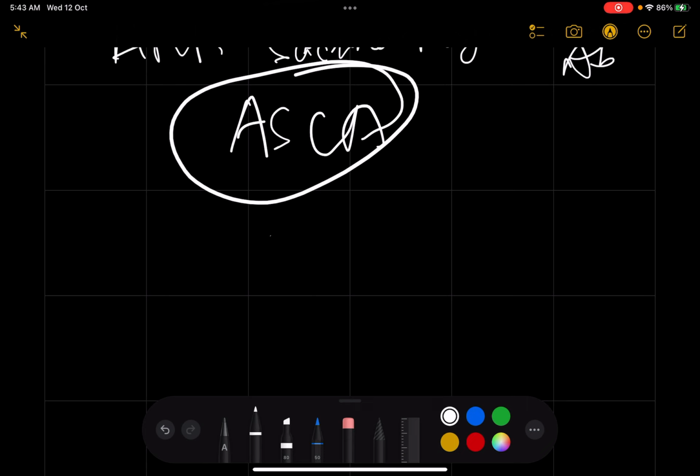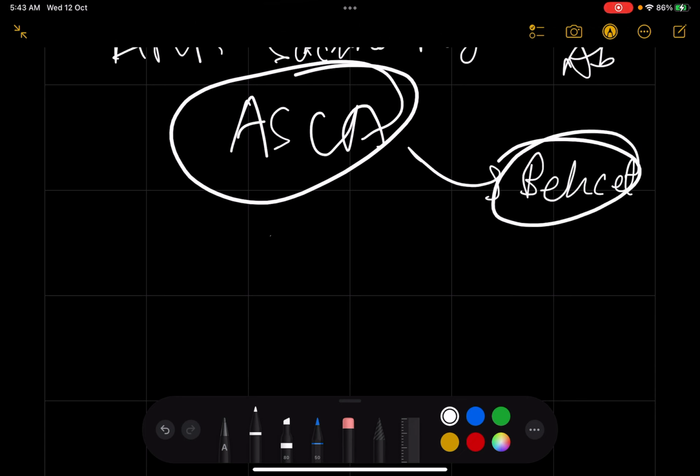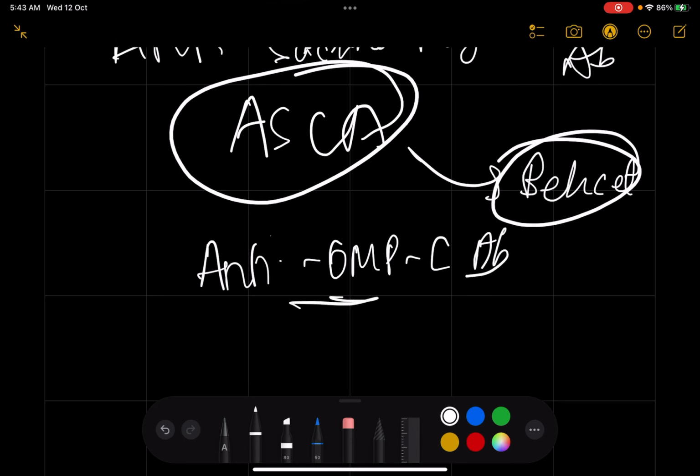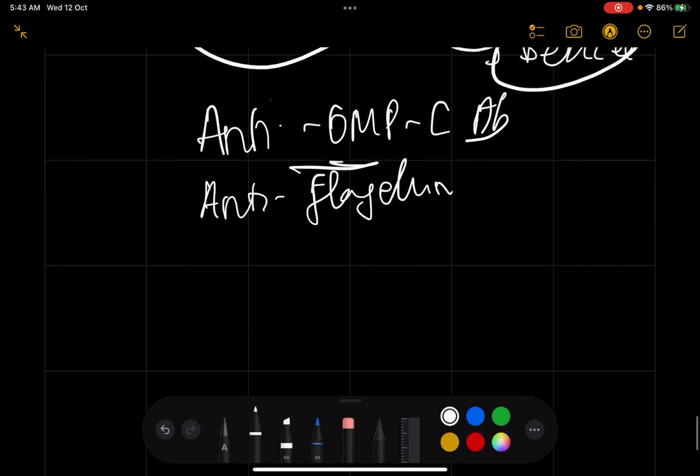So first you talk about ASCA. ASCA is obviously seen, and it's also seen in Behcet disease. It's again a vasculitis that's involving even the veins. So ASCA. Then you talk about anti-OmpC antibody, that's outer membrane protein C. Then you talk about anti-flagellin, okay? And I want you to remember anti-pancreatic antibody.